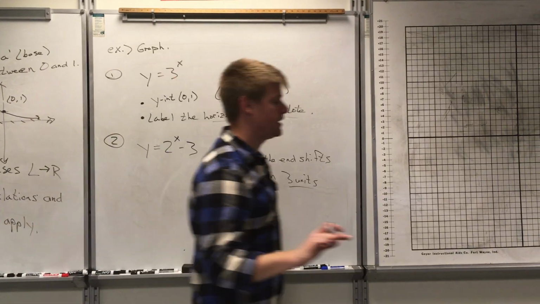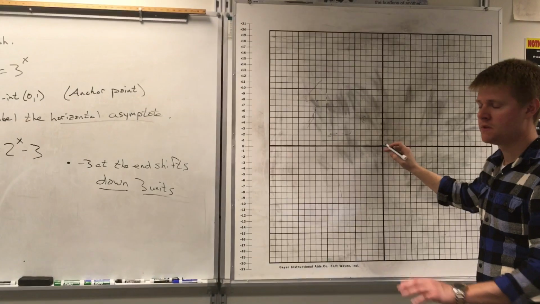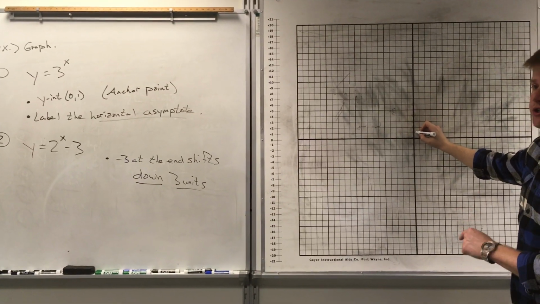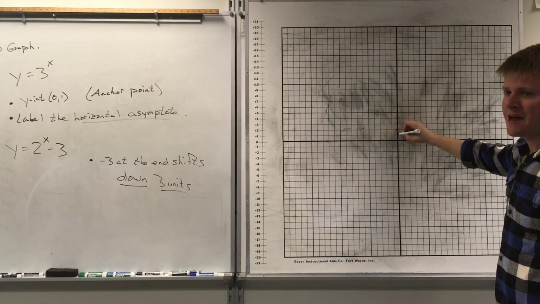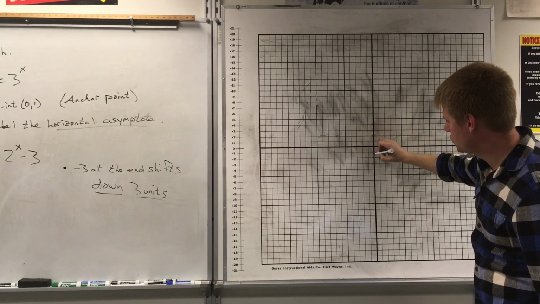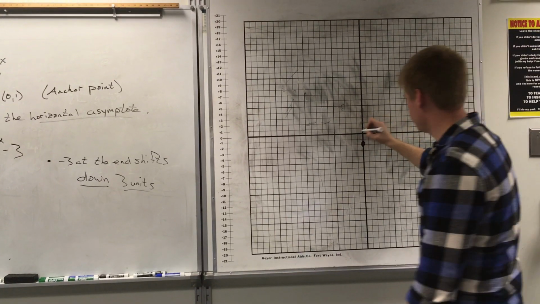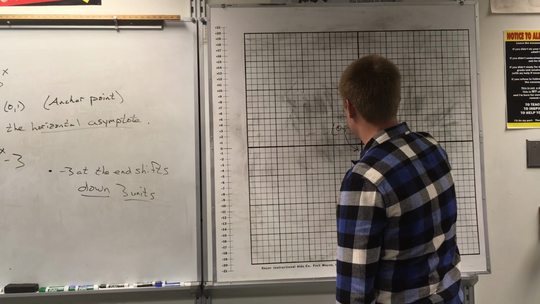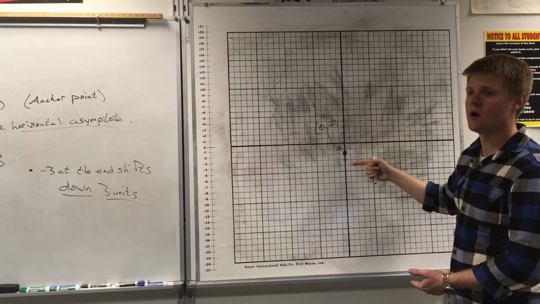So what I'm going to do here, I always want to start by thinking about the anchor point. If I have a point at 0, 1 on the parent graph of a function, what this means I have to do is I start here. Translate that point down 3 units. So from here I go down 1, 2, 3, which lands me at the point 0, negative 2. Translated 3 units down from 0, 1.